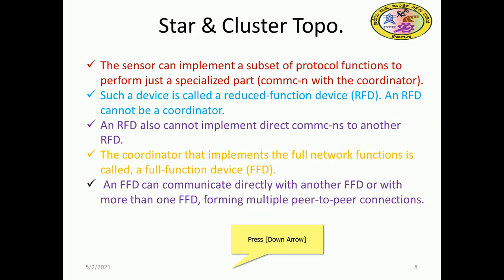Coordinators speak with coordinators, right? So the assistants cannot speak with assistants. Assistants should speak via the coordinator. So RFD cannot speak with RFD; RFD can speak to RFD via FFD. FFD can speak to FFD directly, and also via RFD. So that privilege is given.